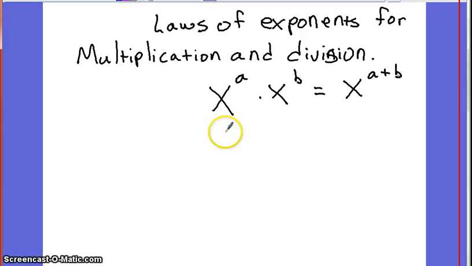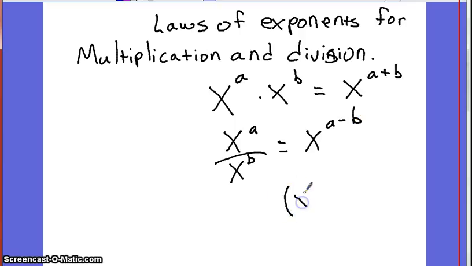Okay, rule number 2 then. When you're dividing x to the a divided by x to the b, your answer is x to the a minus b. Because you're dividing the same base, all you need to do is subtract your exponents. I have one more rule to indicate what we're doing. And our last rule goes like this. And this has to do with the parentheses.